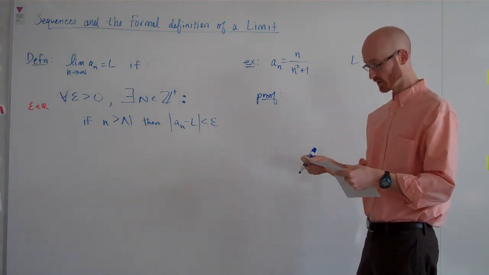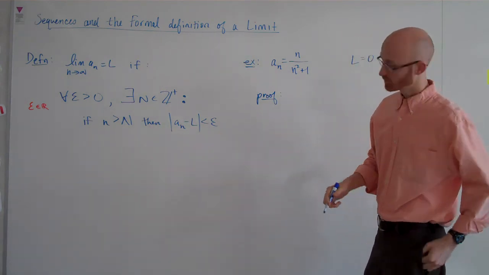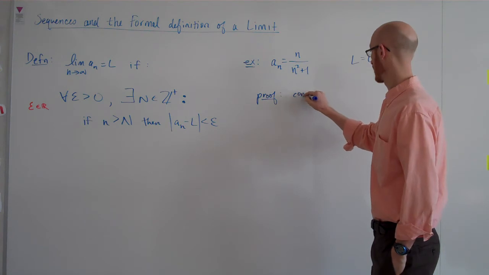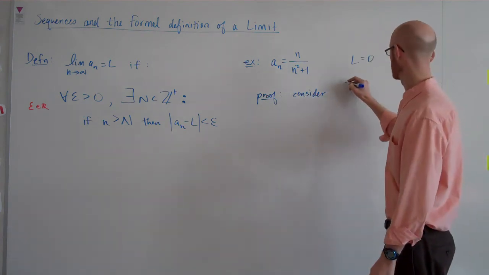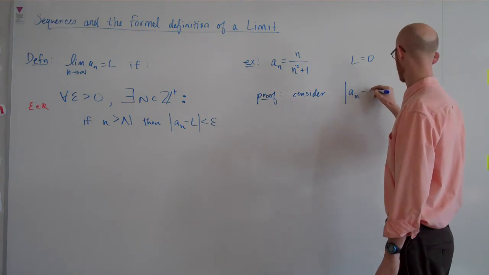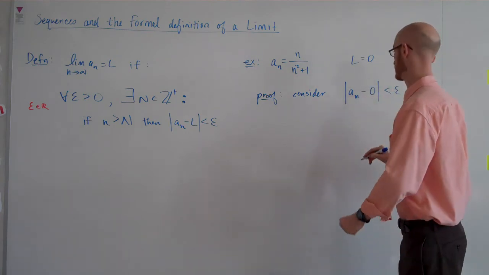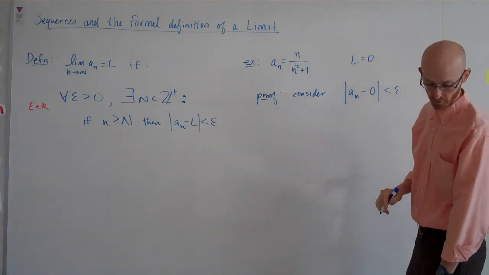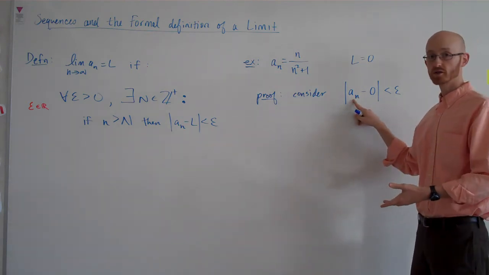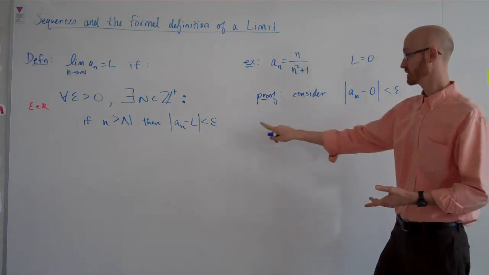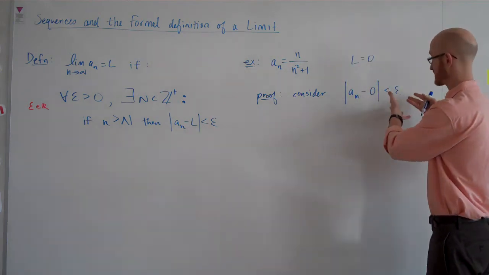And our proof will start by considering, excuse me, if the nth term of our sequence minus 0, right, in this form, is less than epsilon.